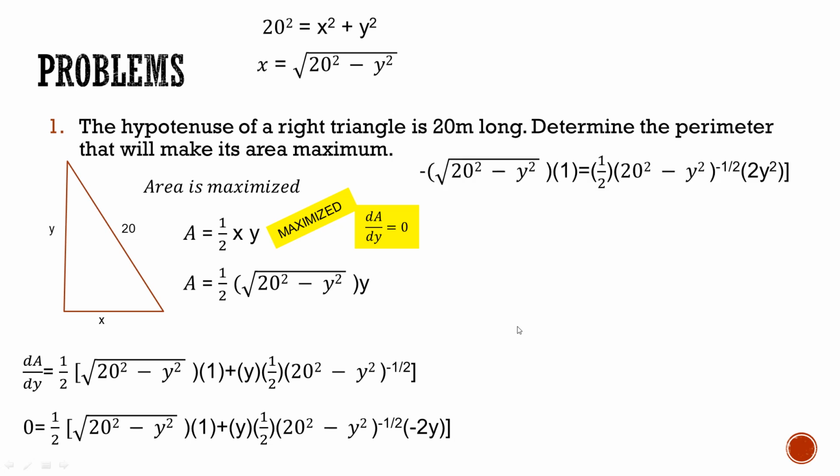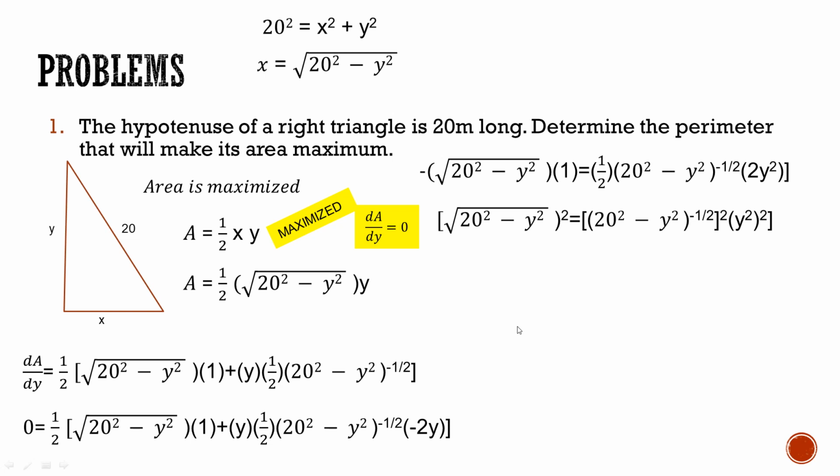Then, we transpose the other term, so the second term becomes negative. So, if we look at the right-hand side of the equation, we can now cancel 2 there. Yes, 2 over 2 is 1. Okay, and then y would just be combined with y, becomes y squared.